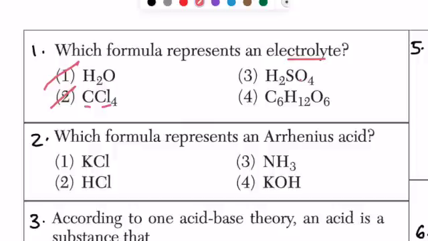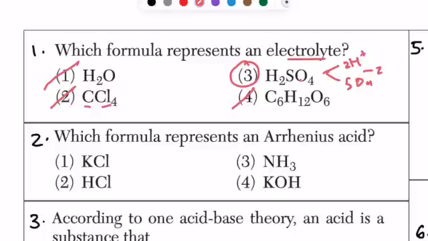H2SO4 can actually break into 2 hydrogens and a sulfate, and that is because although hydrogen is a nonmetal, H2SO4 is an acid, and acids can split into ions. So this one can conduct, and then C6H12O6 is also covalent. So your answer here is the acid.